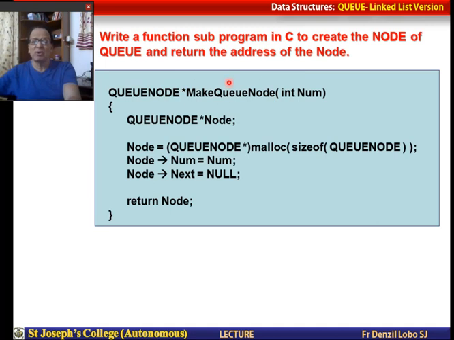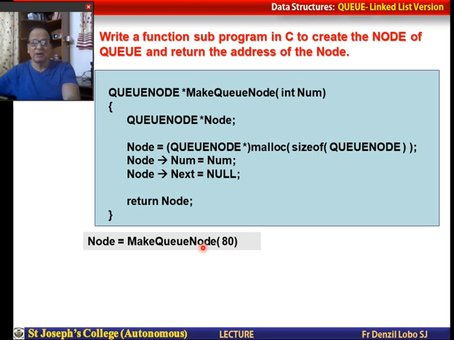That means I make a Q node out of this number. So allocate memory here. This is the local variable node. When you allocate memory, this node is going to contain some address, and then you are assigning number and null to this node, and return node. It returns the address of this node which contains the data item number and which points to null.